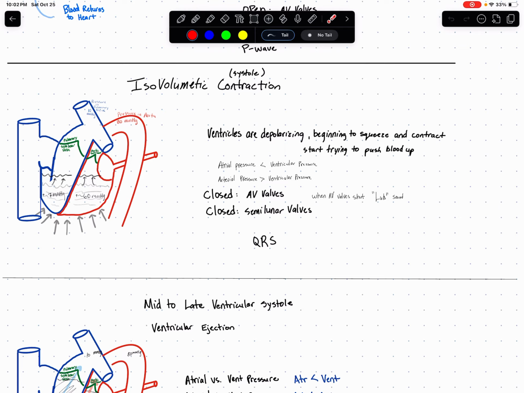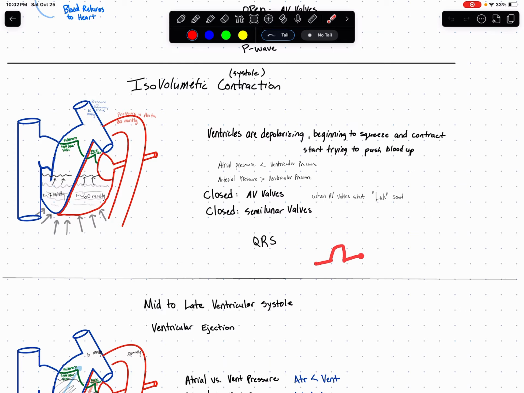Now we get to mid to late ventricular systole, ventricular ejection. Blood actually starts flowing out. Our semilunar valves open. So our atrial versus ventricular pressure, right? Atrial is smaller than our ventricular. But more importantly, the one we're looking at is arterial versus ventricular pressure.